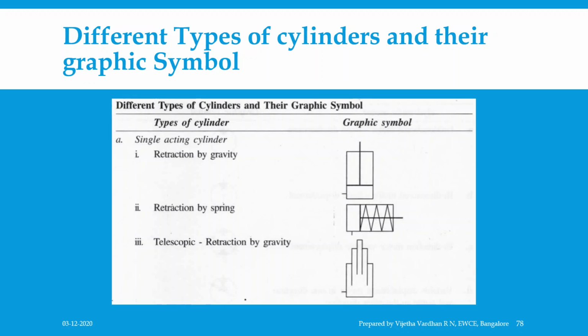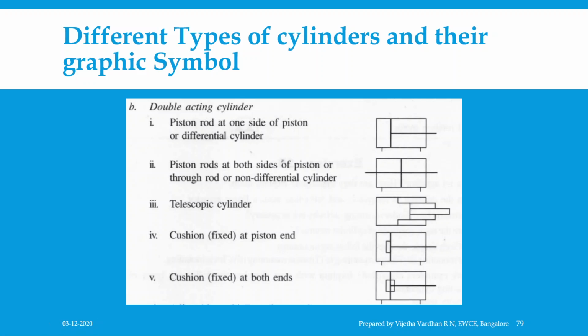Then coming to the different types of cylinders and their graphic symbolic representation, where you can see the figures and understand the graphical representations. That is, retraction by gravity, retraction by spring, telescopic retraction by gravity, a double acting cylinder, the various conditions, and the graphical symbolic representation where you can observe the same.